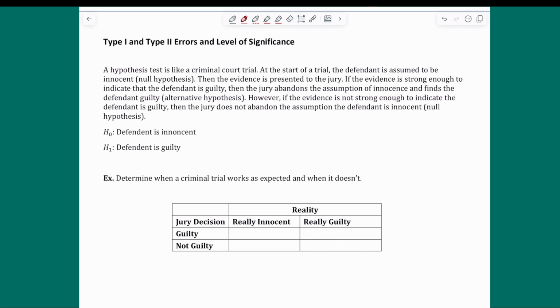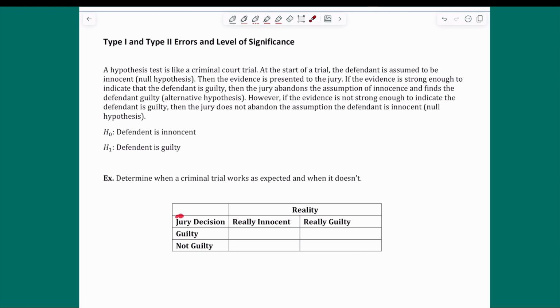What we have here is the table, and suppose we have a person who is on trial. So we assume that they are innocent. That's the assumption. Then we're going to present evidence to the jury, and they would decide whether to fail to reject that assumption that he or she is innocent, and conclude that they're guilty or not guilty.